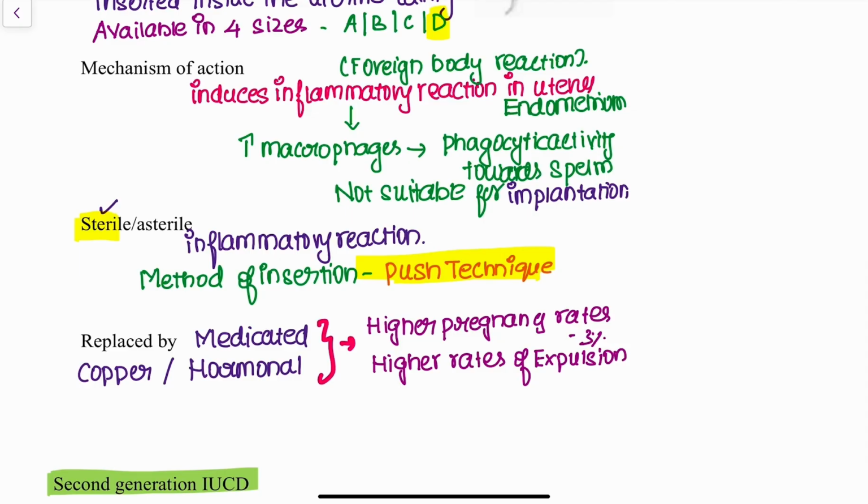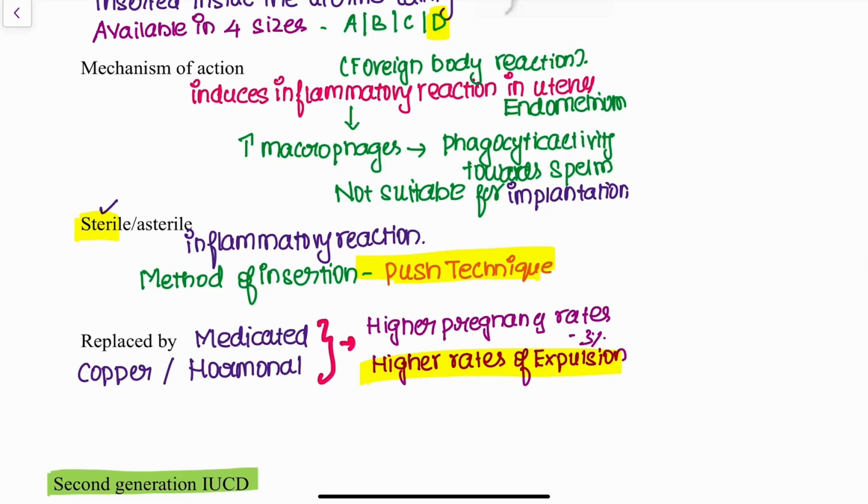So among the women who used this Lippes loop, about 3% of women ended up in pregnancy. When compared to the entire contraceptive devices, first, second and third, the first generation IUD has a higher pregnancy rate, up to 3 to 5%. And it also had a higher rate of expulsion.